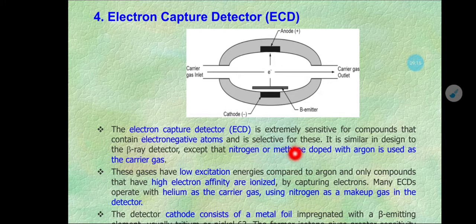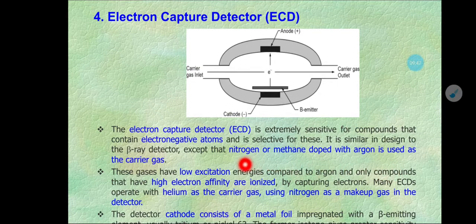It is similar in design to a beta ray detector, except that nitrogen or methane doped with argon gas is used as the carrier gas. These gases have low excitation energy compared to argon, and only compounds that have high electron affinity are ionized by capturing the electron.